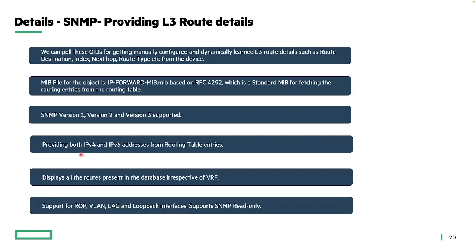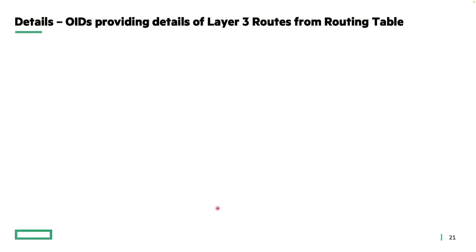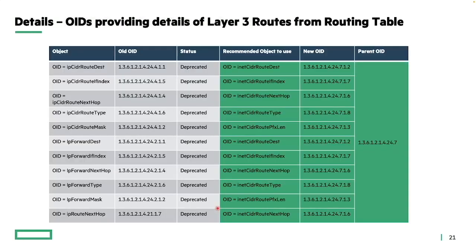It provides both IPv4 and IPv6 addresses from routing table entries, displays all the routes present in the database irrespective of VRF, and supports routed ports, VLANs, SPI, lag, and loopback interfaces. It supports SNMP read only, right? You can read those routing table entries. So what are those OIDs providing details of layer 3 routes on the routing table?